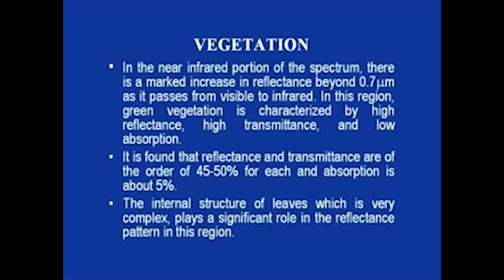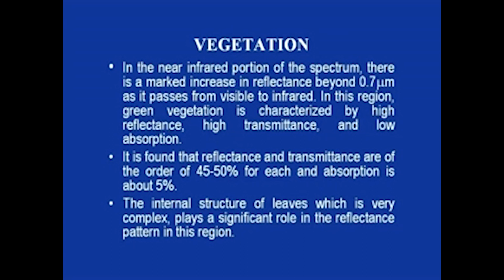If the effect of various pigments on the spectral reflectance curve is studied, it is found that there are large differences in the spectral pattern in the visible portion of the spectrum, but there is no significant difference in the near infrared and middle infrared region. In the near infrared portion of the spectrum, there is a marked increase in reflectance beyond 0.7 micrometers as it passes from the visible to the infrared region.